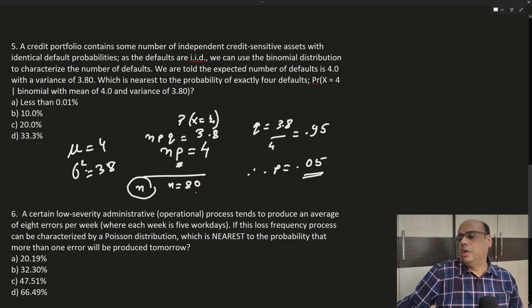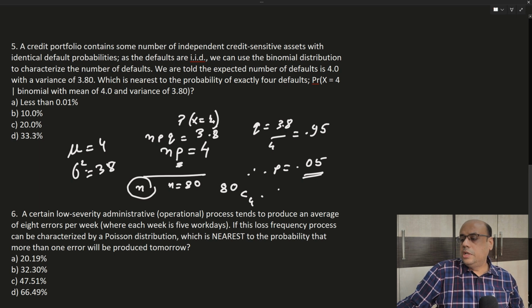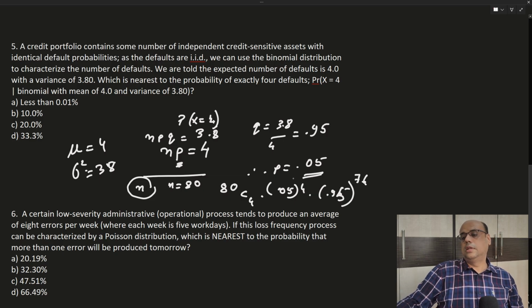Now we just put the formula like this: 80C4 into the probability of exactly 4 defaults. Here default is the success. The probability of default is P, 0.05 to the power 4, and 0.95 to the power 76. This is the answer. You do the calculation.